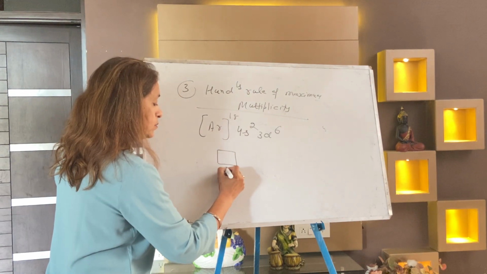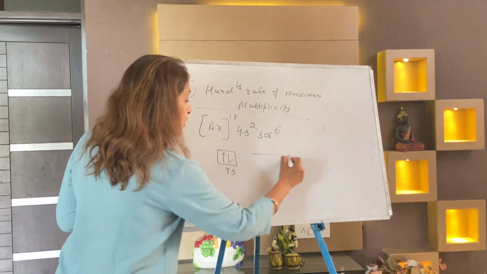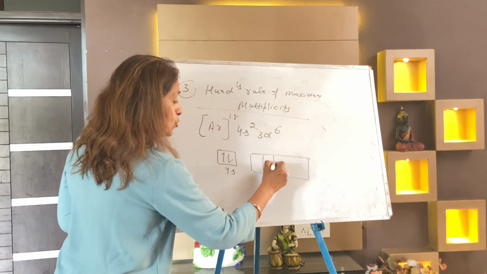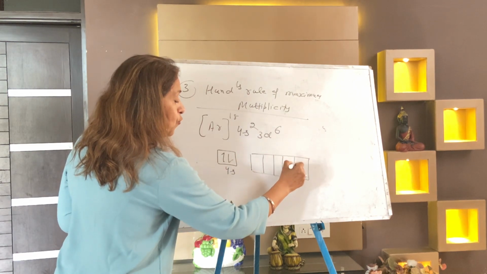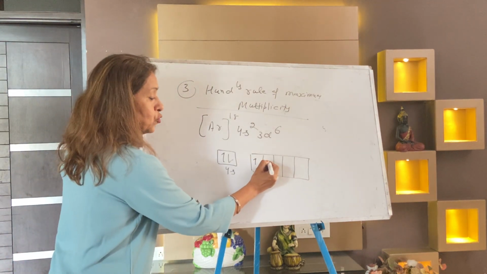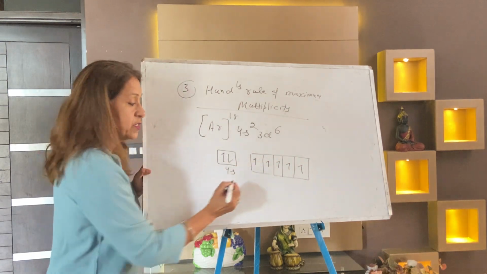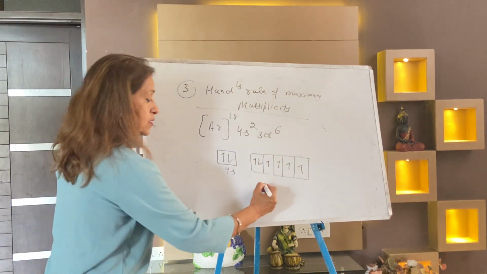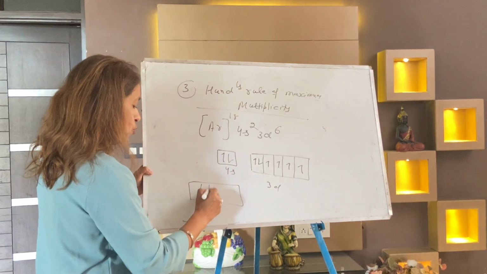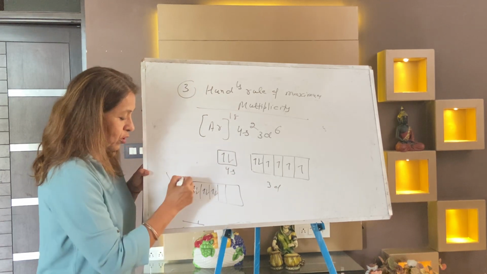4s2. Now coming to 3d. D has 5 orbitals: 1, 2, 3, 4 and 5. For 3d6, the sixth electron goes in this way. If you fill it like this, it is wrong.